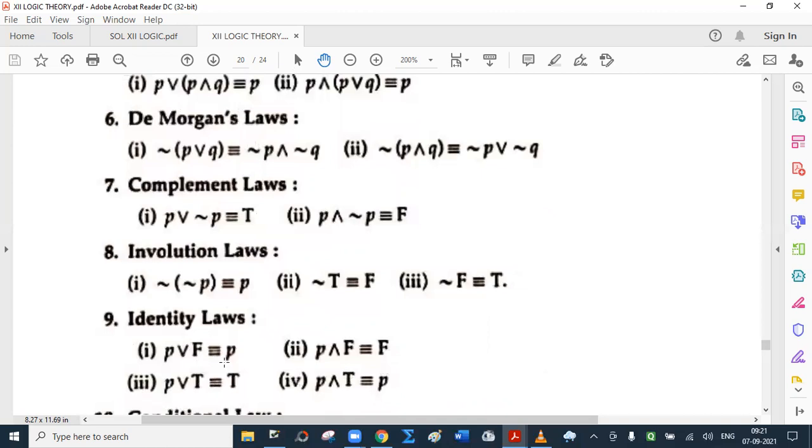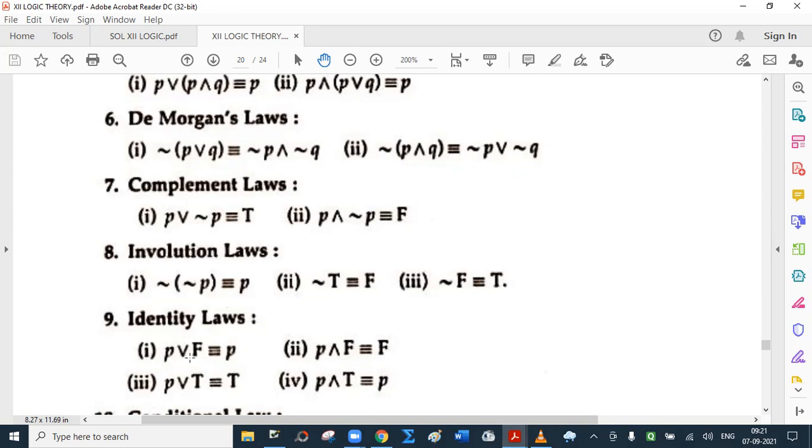Then identity laws. P or false is P because or means at least one of the two, right? So this is going to be false. So truth value will depend on truth value of P. If P is true, then true or false is true. If P is false, false or false is false.